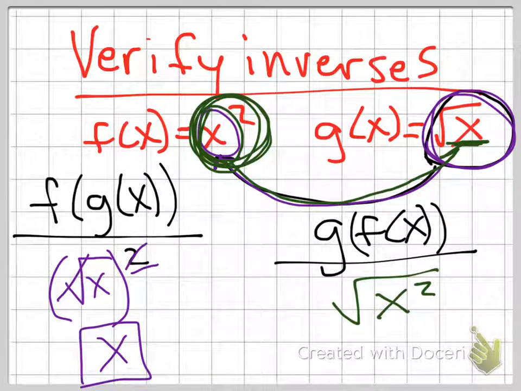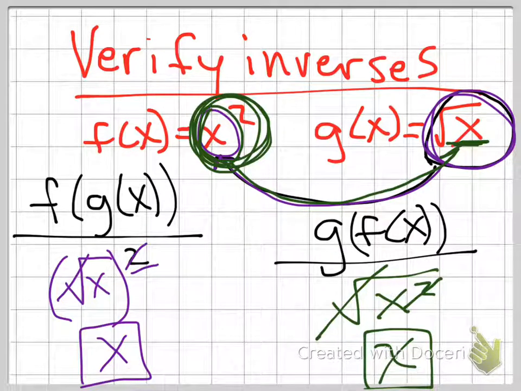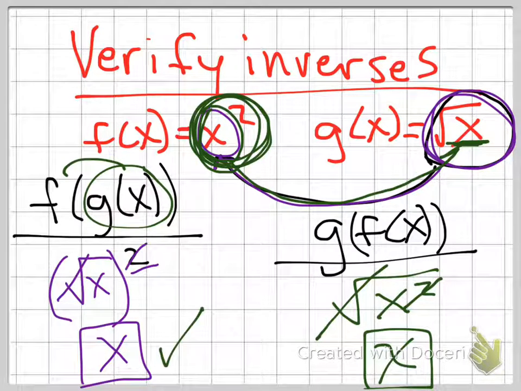And the square root of x squared, the square root cancels the squaring and you get x. So since plugging the g function into the f function gave us x, and plugging the f function into the g function also gave us x, then these are inverses. And hopefully we already knew that because that was one of the first inverses we found in this video.